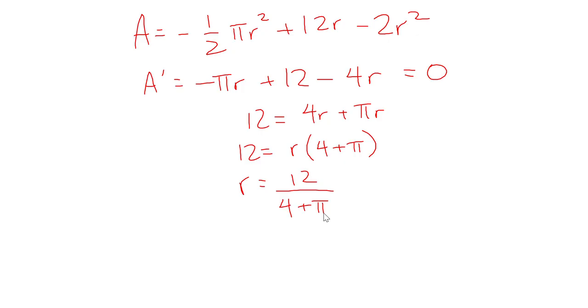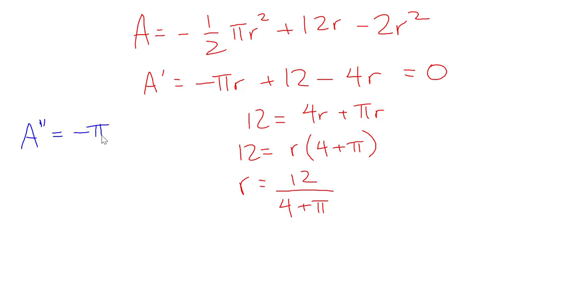So we do need to show that this is what yields us a maximum. So we have two options. One is to make a sign chart, but because this is kind of an annoying number to deal with, I'm just going to take a second derivative. Since this is a place where my derivative was 0, the second derivative test should work. And it's really easy to take the derivative of A prime. The derivative of negative pi r is negative pi.